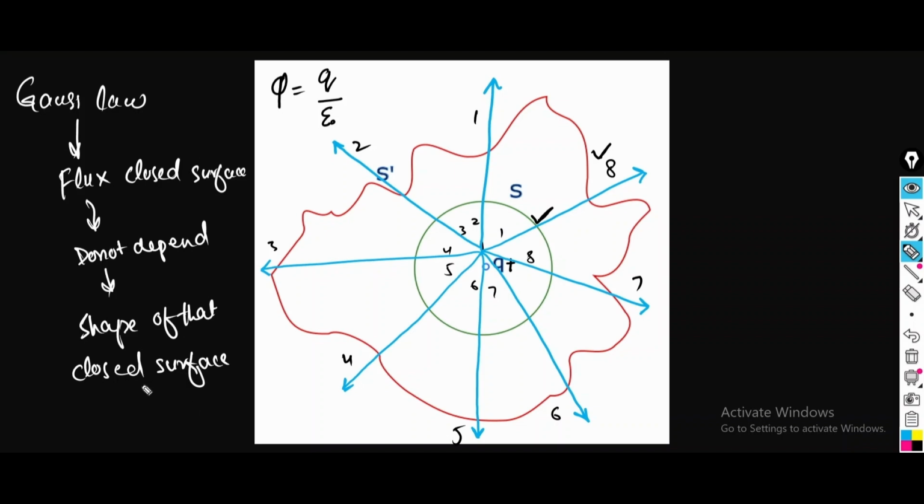In other words, we can say this closed surface is called a Gaussian surface.